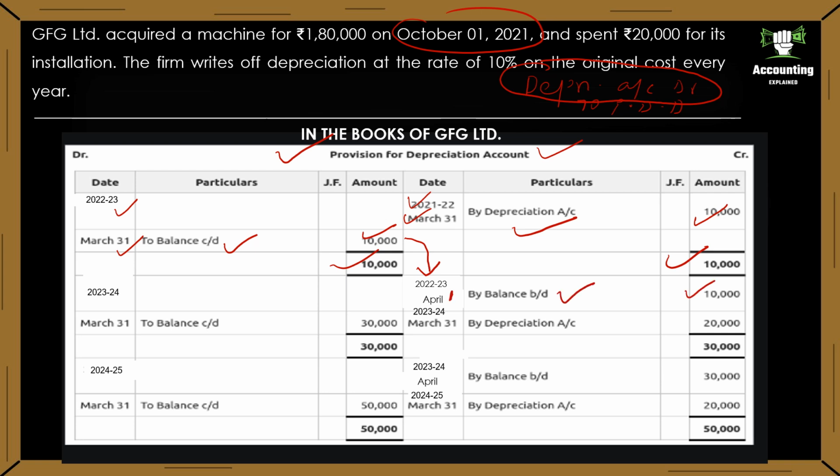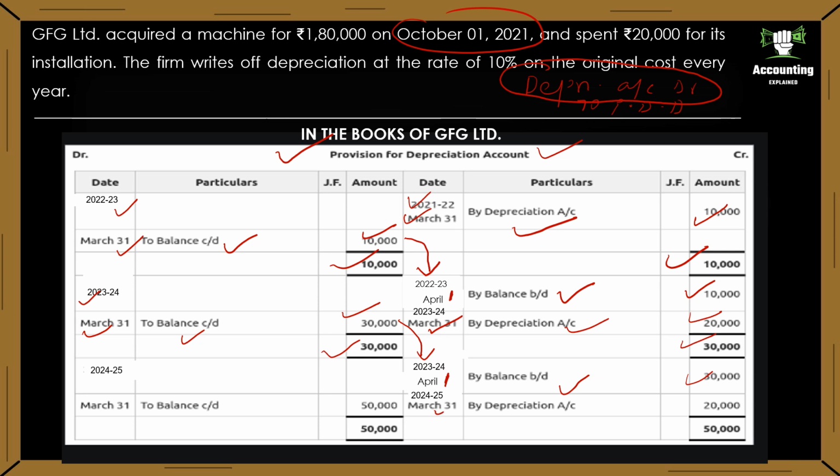Again 23-24 on March 31 we created depreciation for the whole year, by depreciation 20,000. Okay. So on seeing we find the credit side total is more, so take 30,000 on both the sides. On 23-24 March 31 to balance carried down is 30,000. This has to be brought forward on April 1, 23-24 as by balance brought down 30,000.